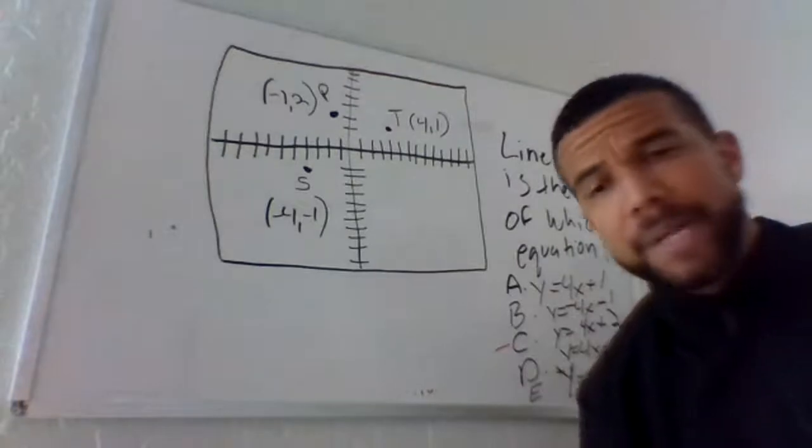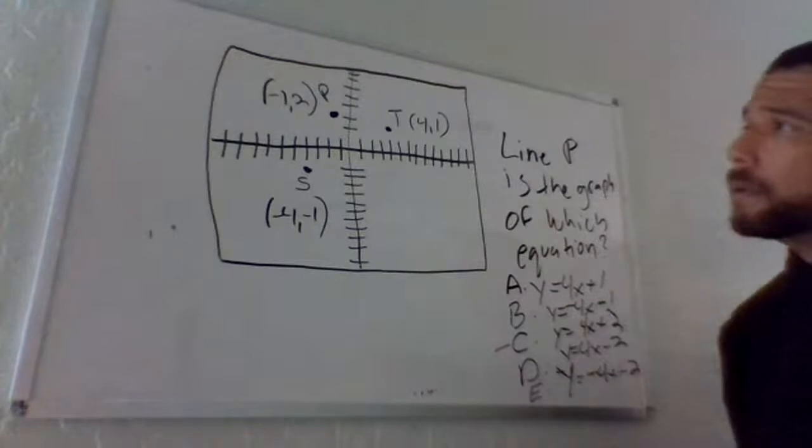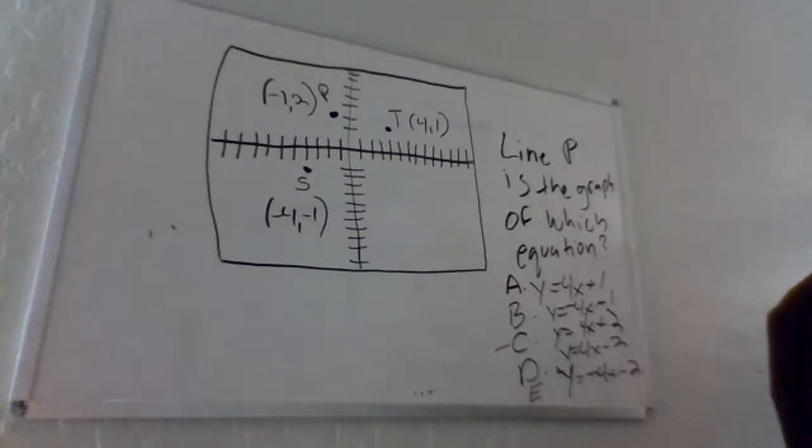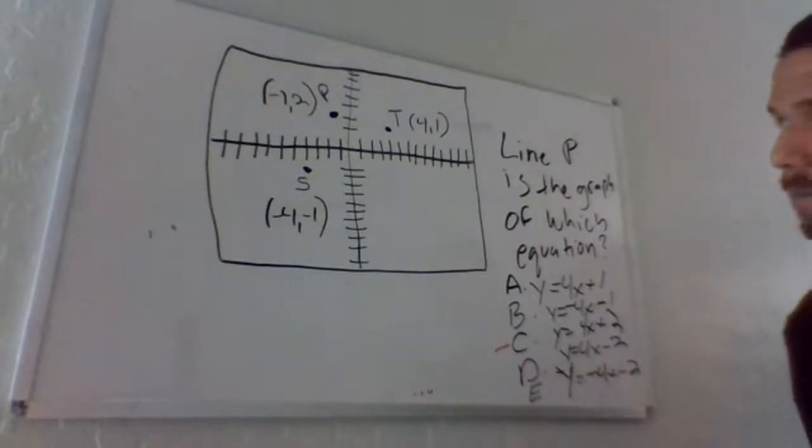So if you're confused, just let me know. Hey, I do not know what it's asking. Why does the C have a negative in front of it? I would have picked C for this.